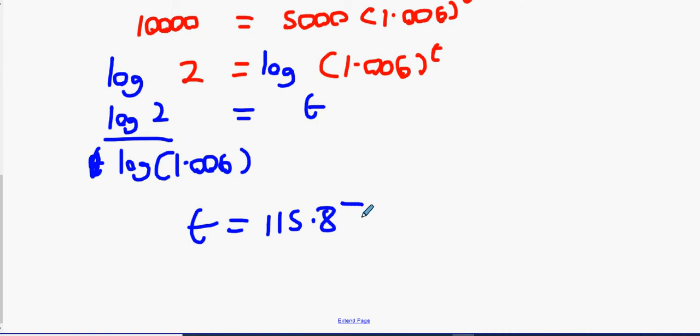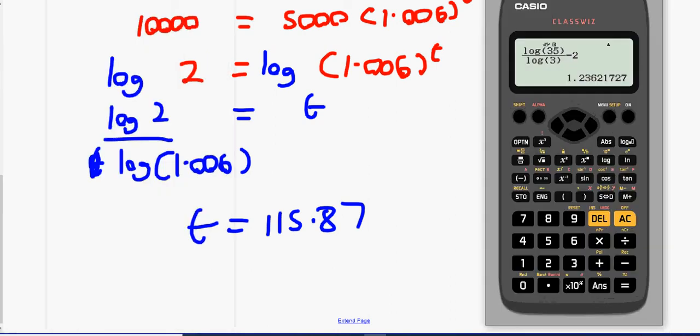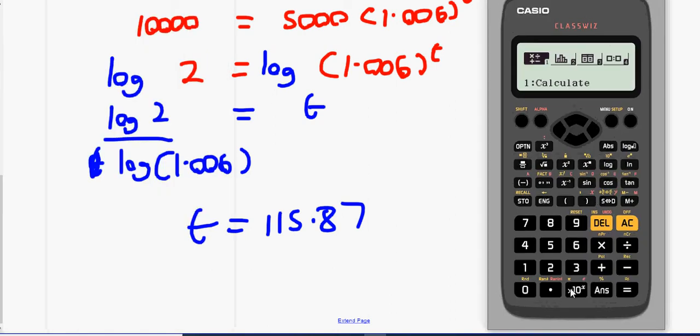Now, here's a way of checking your answer. You ready for this? Get your table function out. Go to mode, only takes a second. You put in 5,000 times 1.006 to the power of x.